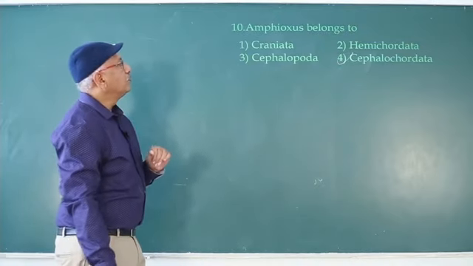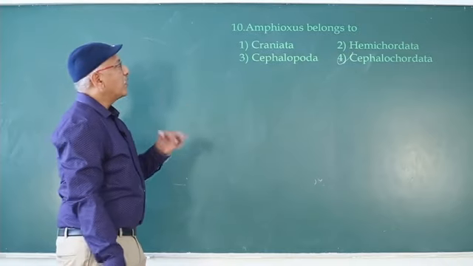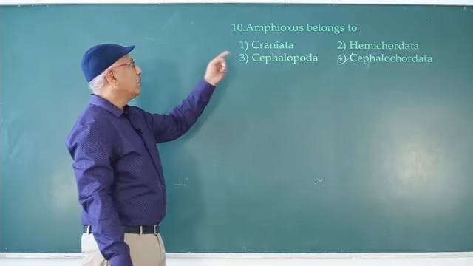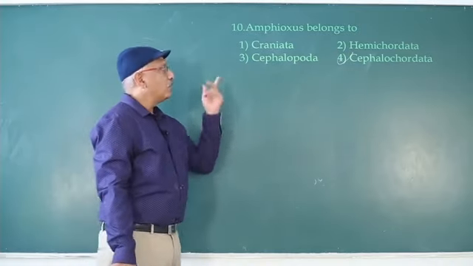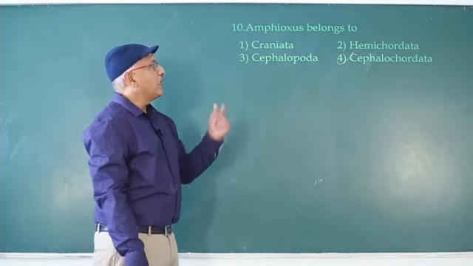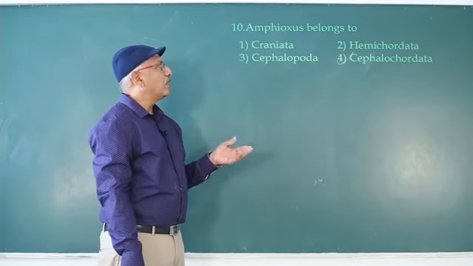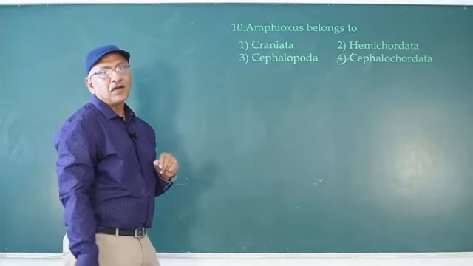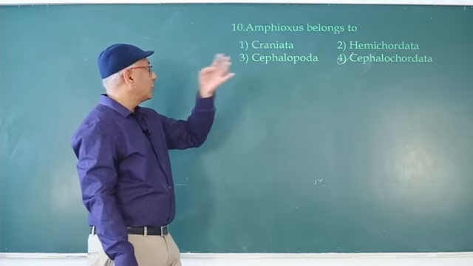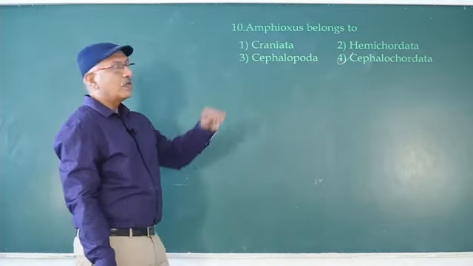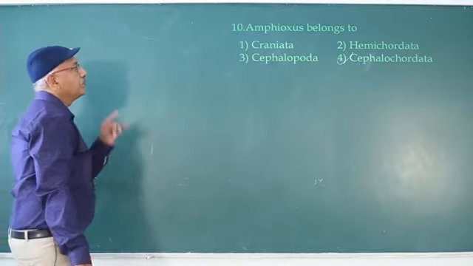Amphioxus is a protochordate. Cranium is absent. Subphylum Vertebrata is also known as craniata. Hemichordata is an invertebrate phylum. Balanoglossus belongs to hemichordata. So the answer is cephalochordata.